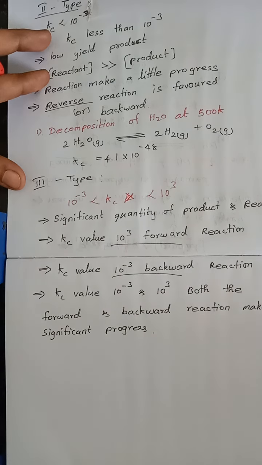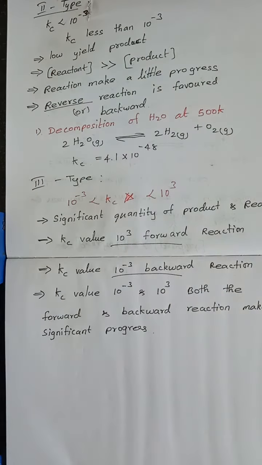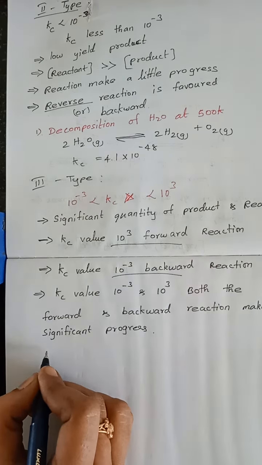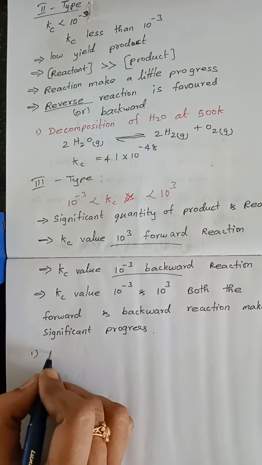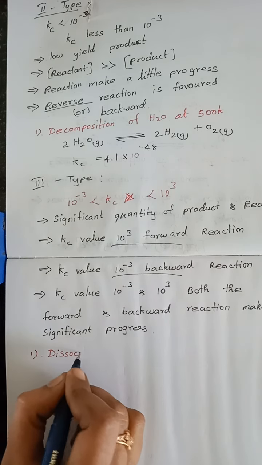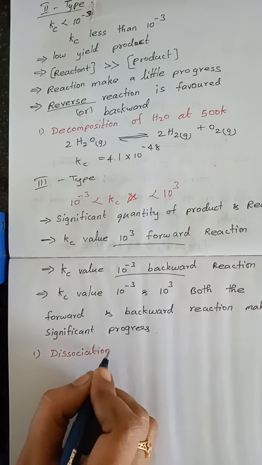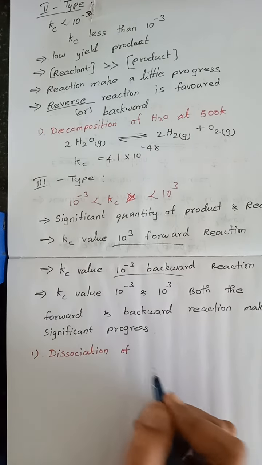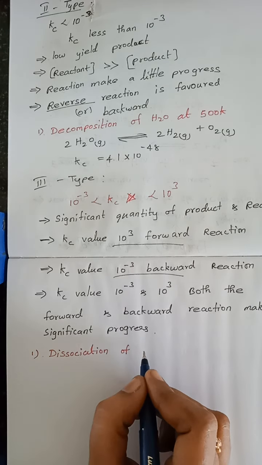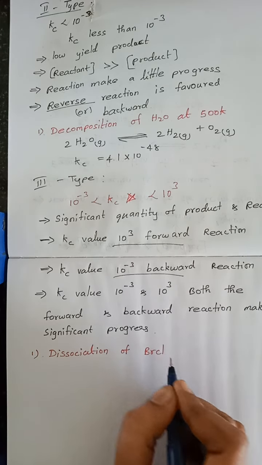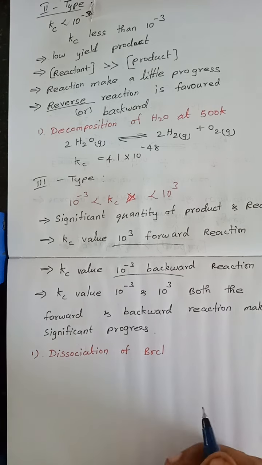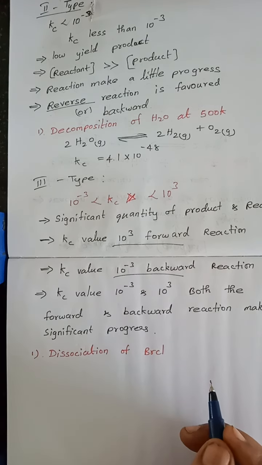So in this reaction example, the example is dissociation of bromine monochloride. The formula is BrCl. Bromine monochloride: dichloride means Cl2, monochloride means only one chlorine is present.